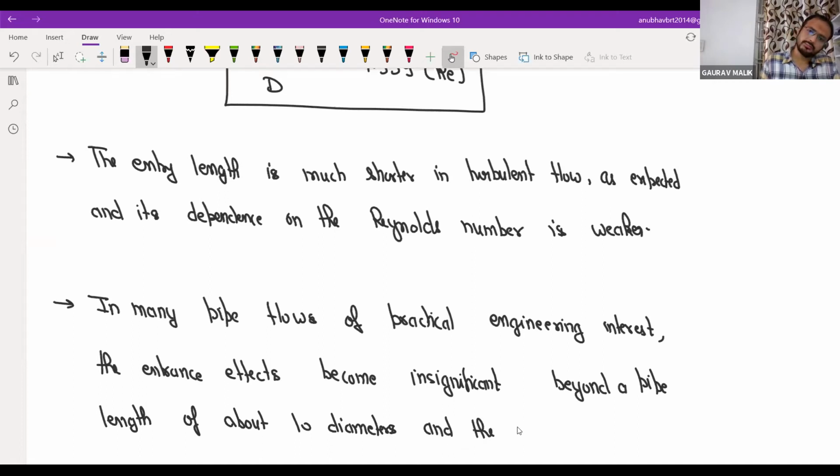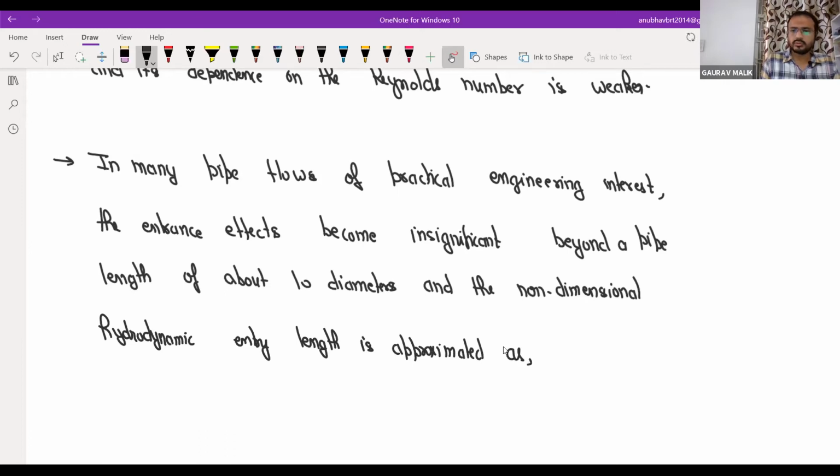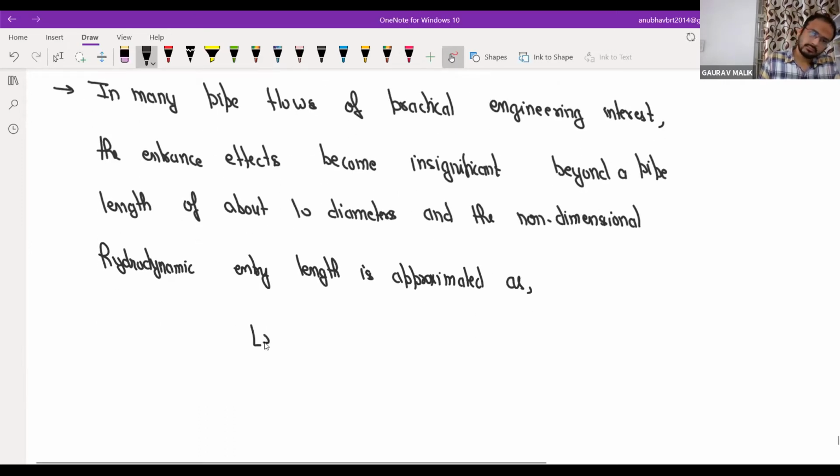All these are additional knowledge. The non-dimensional hydrodynamic entry length is approximated as LH of turbulent divided by D is approximately 10.